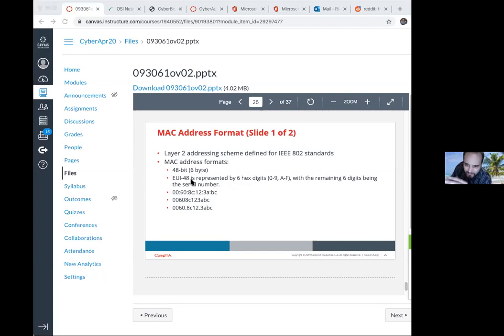Just know they kind of refer to the same thing. So the EUI-48 is represented by those 6 digits, and then the other part is the serial number. So this half of the MAC address is the EUI-48.